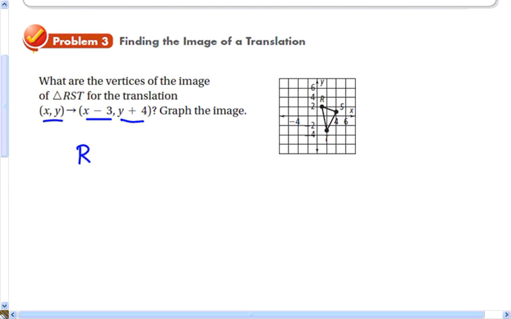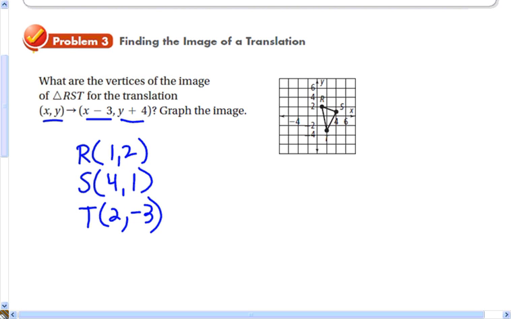Our original point R, taken from the coordinate grid, is 1, 2. Our original point S is 4, 1. And our original point T is 2, negative 3.